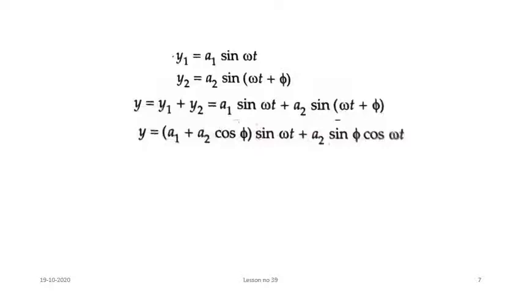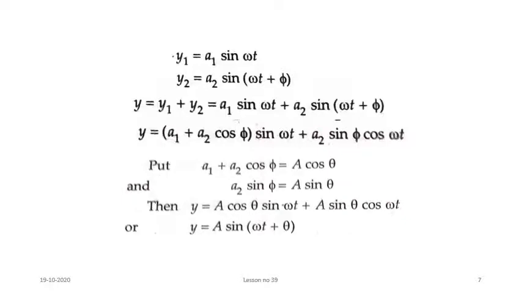Fine. Now put the A1 plus A2 cos phi term as A cos theta, and the A2 sine phi term as A sine theta. After substituting these values, you have A cos theta sine omega t plus A sine theta cos omega t. Take this amplitude common, and this represents your sine A plus B formula.